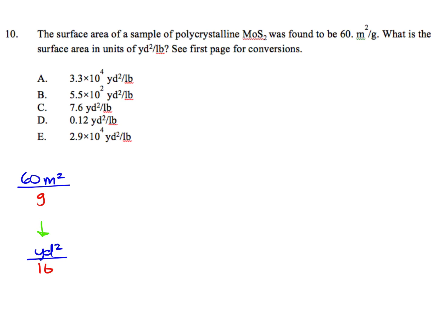Okay, so when doing this type of conversion, either convert your numerator first or your denominator first, followed by the other. Okay, so the numerator is the hardest conversion here, so let's do that one first and get meters squared to yards squared.